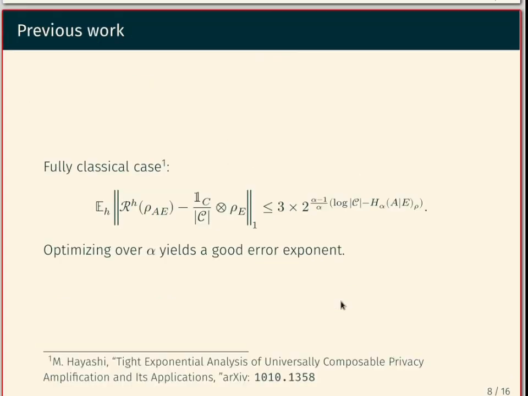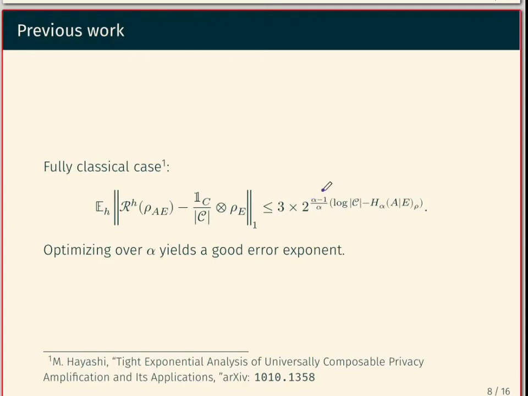So this has been worked on before, in particular the fully classical case, where A and E are both classical. This has been worked out by Hayashi back in 2010, where he proved this theorem. If we look at the quantity that we're interested in bounding here, he gives an upper bound of this form.